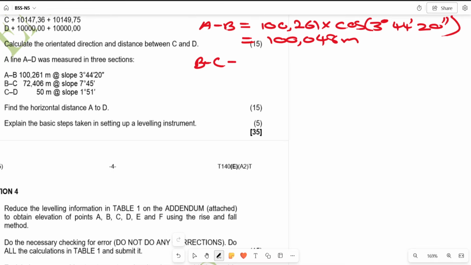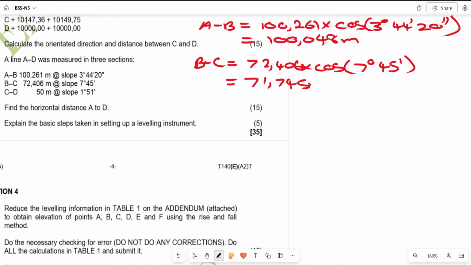BC, you're going to do the same thing. You're going to say 72.406 times cos 7 degrees 45 minutes. Then we're going to get 71.745 meters.